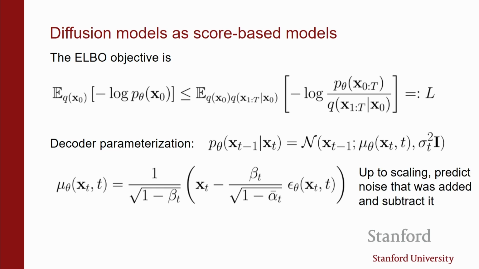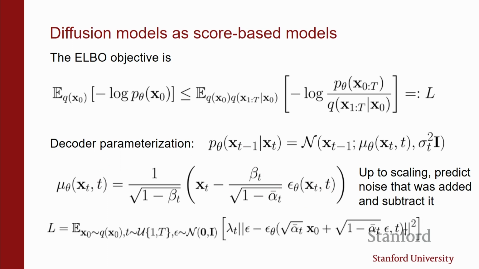If you parameterize the network in terms of an epsilon network that takes xt as an input and tries to predict the noise that was added to xt, and subtracts this estimated noise from xt to get a guess of what xt minus 1 should be, then you can show that this ELBO objective is actually equivalent to the usual denoising score matching loss.